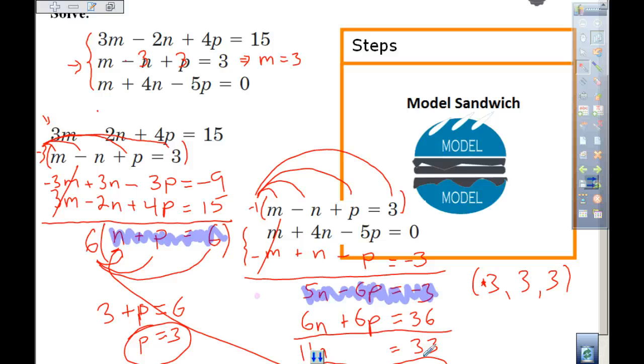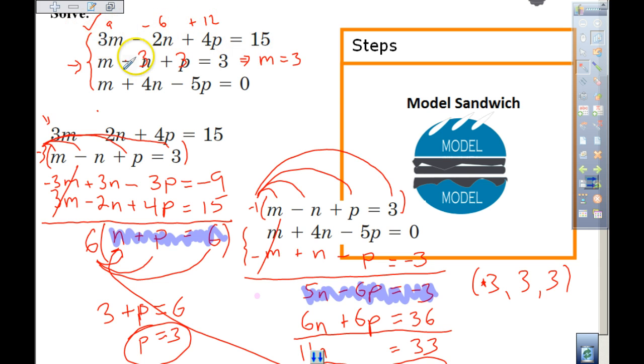Right, and the nice thing is, of course, we know if this is right or wrong. Let's check it. 3 times 3, 9. 2 times 3, so minus 6. 4 times 3. Does 9 minus 6 plus 12 equal 15? 9 minus 6 is 3. 3 plus 12 is 15.